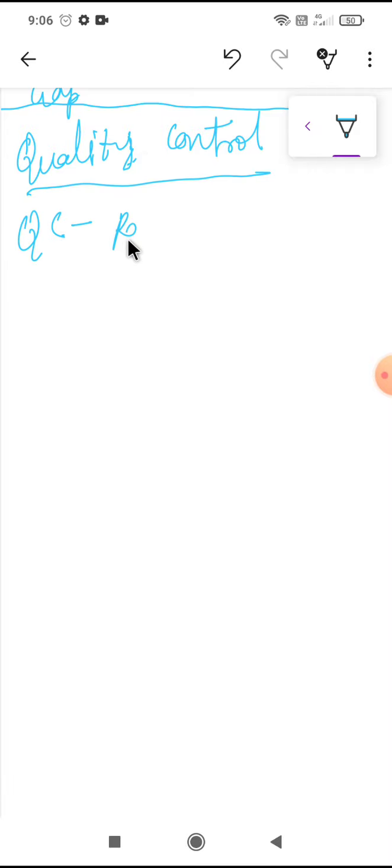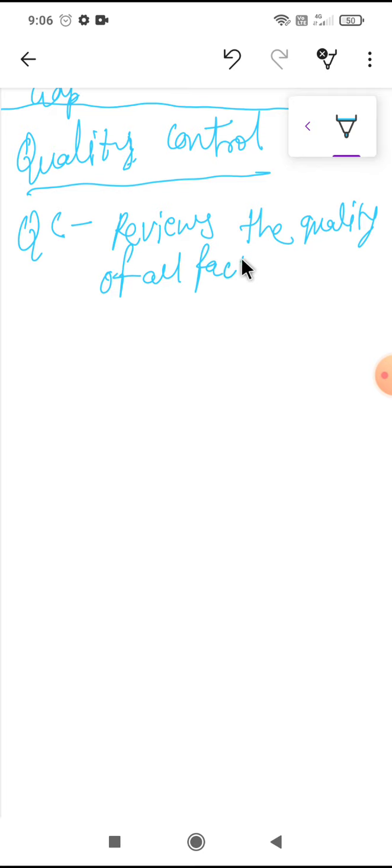It reviews the quality of all factors involved in production. So it doesn't review just the quality of the product, but it reviews the quality of each and every factor in the production.